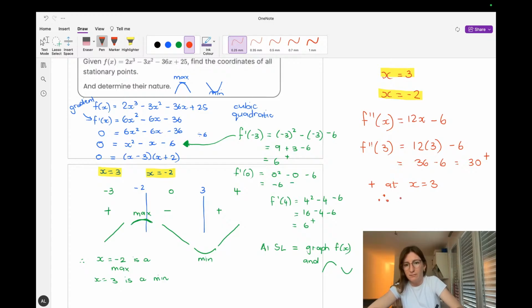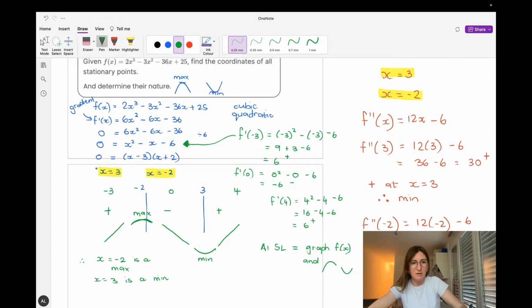Therefore, minimum. Let's do it with f dash of -2. That is 12 times -2 minus 6. Just putting that back in my second derivative, that's -24 minus 6, which is -30. So that's a negative answer. Therefore, negative at x equals -2 means that I have a maximum. So you could do all of this instead of the sign table.